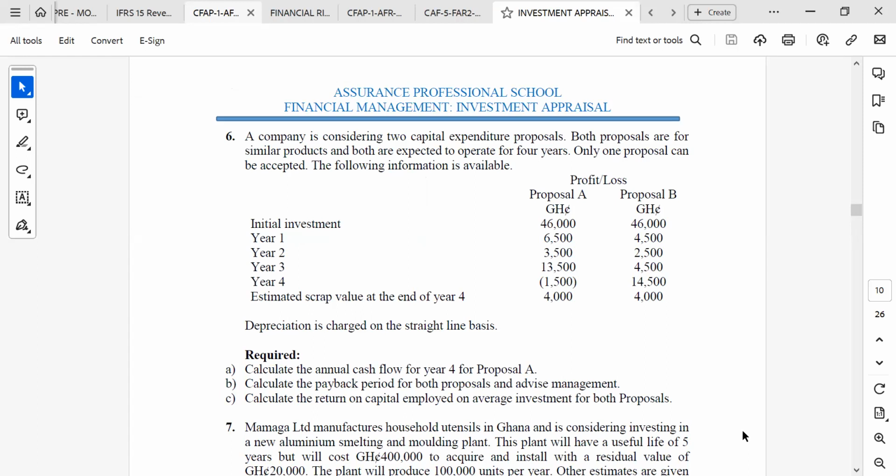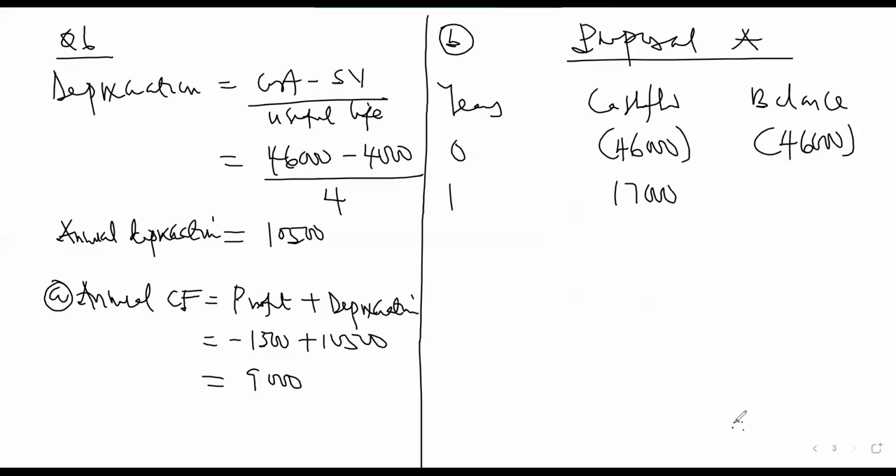Exactly. We add the depreciation to it. So that will be 17,000. What will be the balance? 29,000.